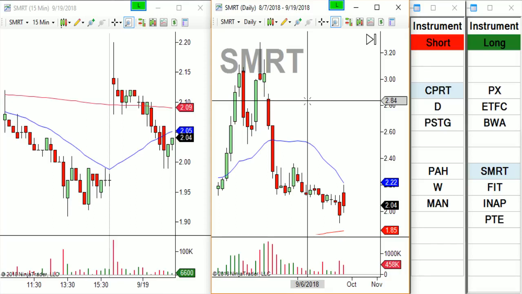It's really simple: hourly, daily, weekly, monthly, with a 200 MA and 20 MA, and also using the gaps list to get some really nice ideas for the swing and core trades.